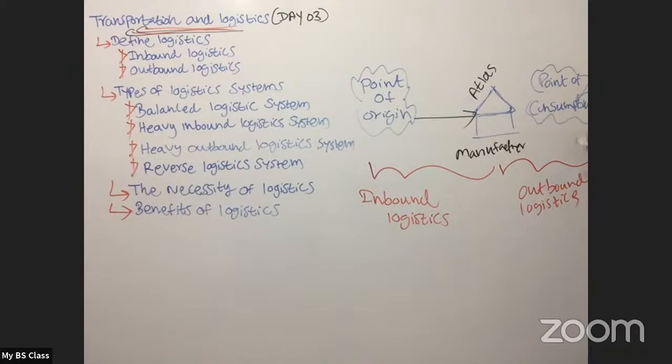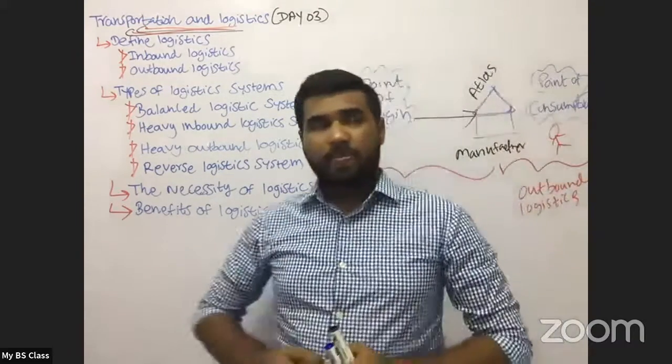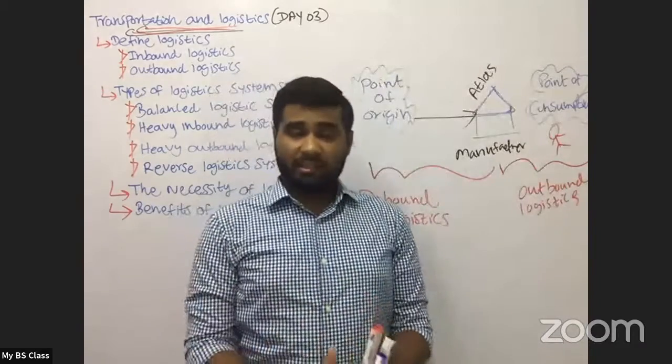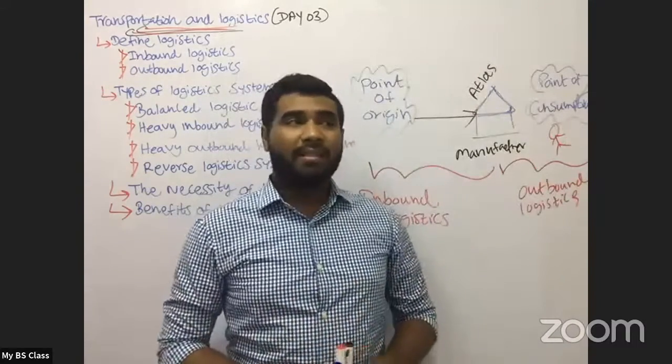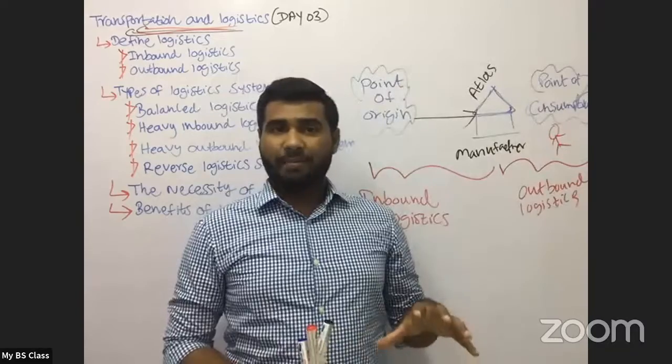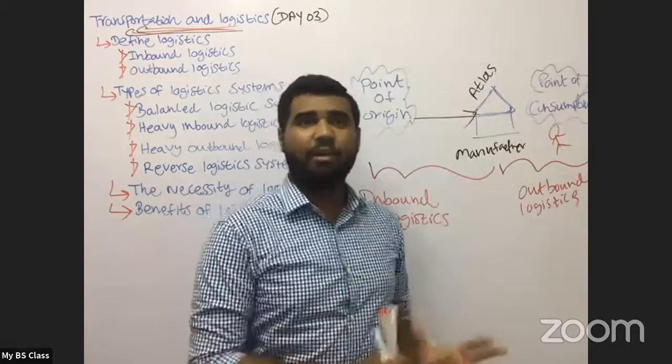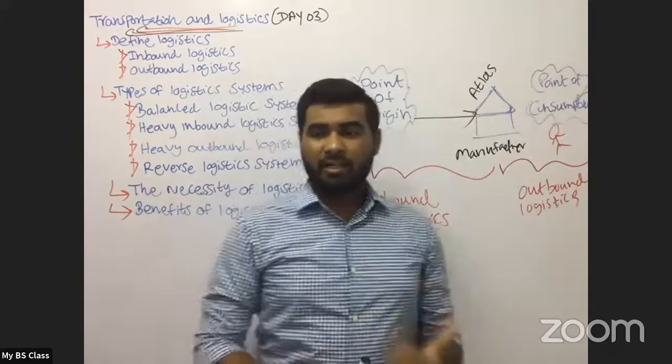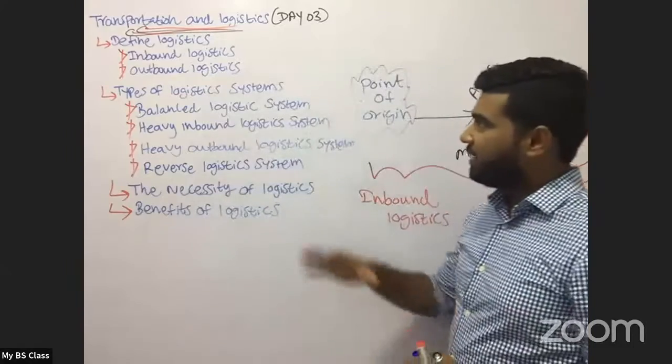So here at the point of consumption, I have the final consumer. Remember that. So we classify logistics into two types, but there are 4 types of logistics systems in your syllabus. That is where many students get confused.